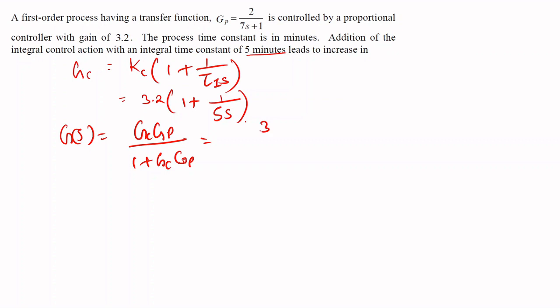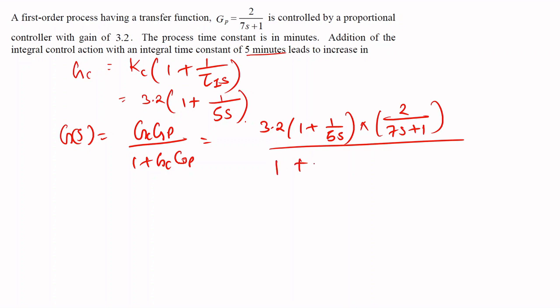So it will become 3.2 into 1 plus 1 upon 5s into 2 upon 7s plus 1 upon 1 plus 3.2 into 1 plus 1 upon 5s into 2 upon 7s plus 1. Now we need to simplify this to find the final form of the transfer function.